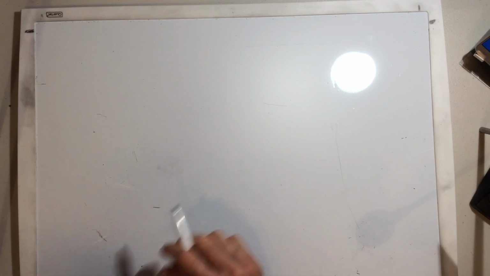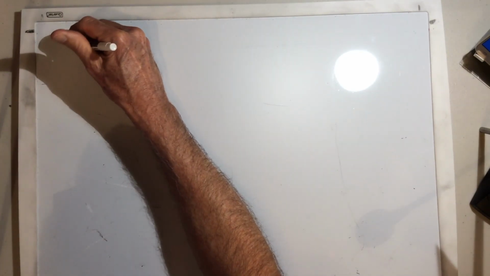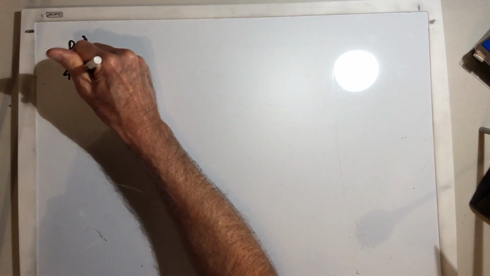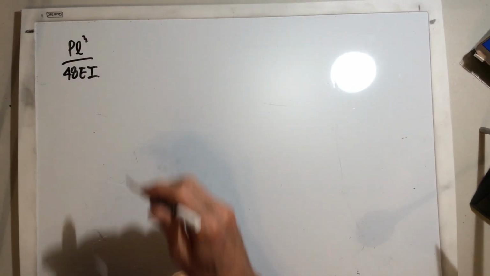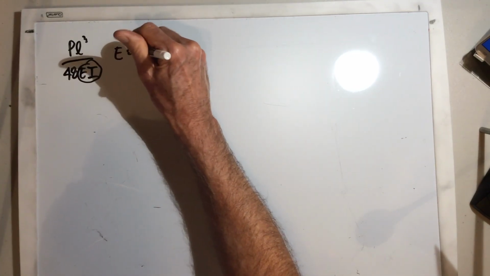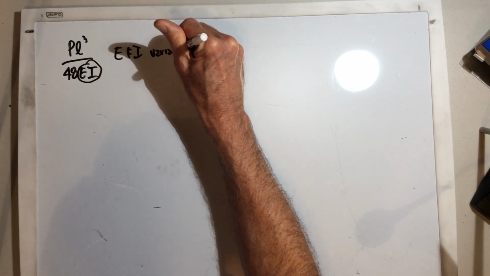And again, if we go back to that equation for that beam, it was PL cubed over 48EI. Now, what I want to look at specifically is the E and I, because the E and I are variables. It's something that you can change.